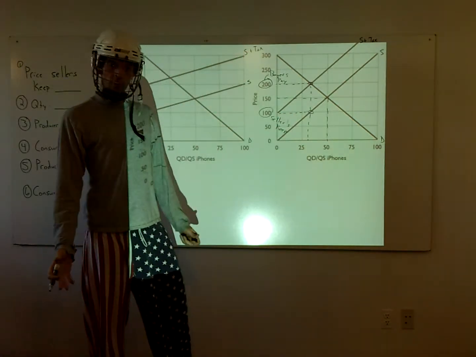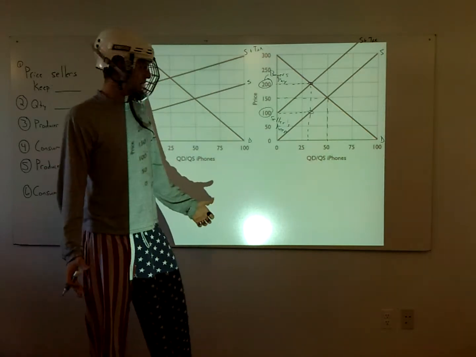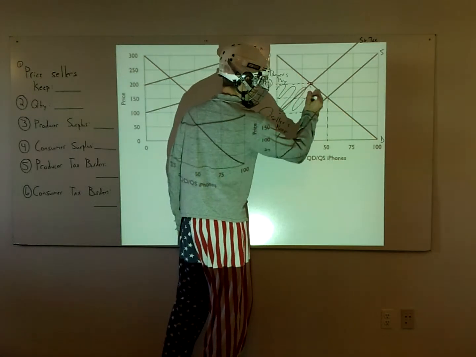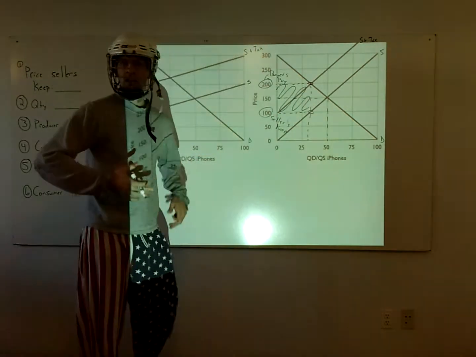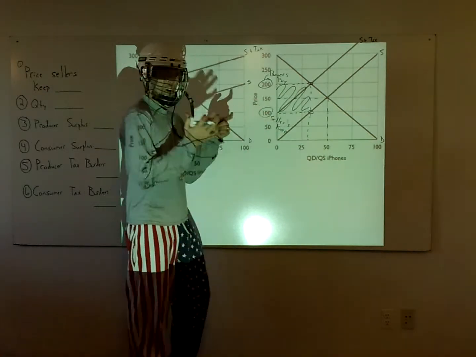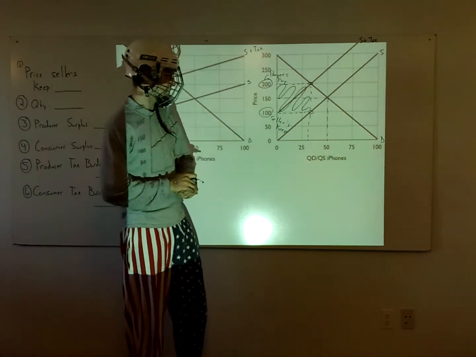Now, if you look here, and I kind of wrote this so it's not going to come up as great as I would like it, this box here that I'm going to shade is the tax revenue. And you'll notice there's some tax revenue that's going to be paid by the buyers and some is going to be paid by the sellers. So this box is going to be divided.